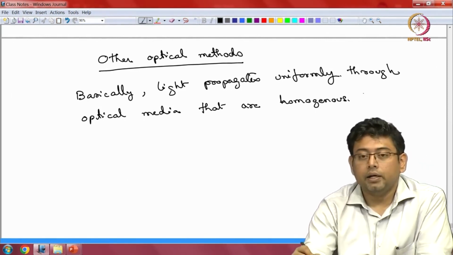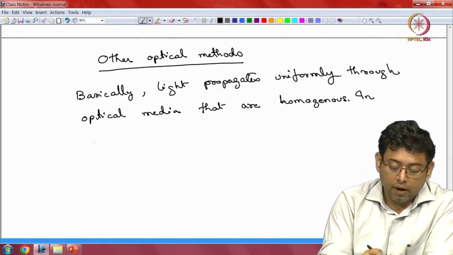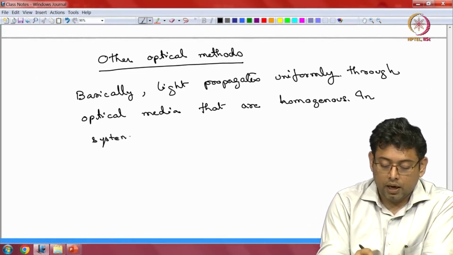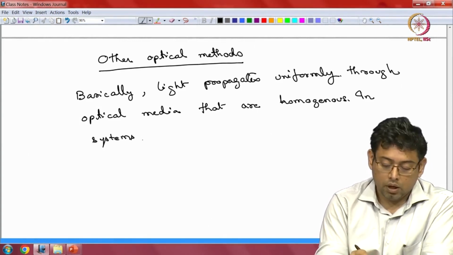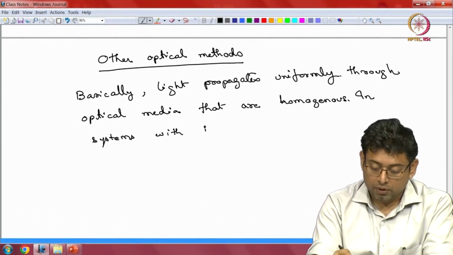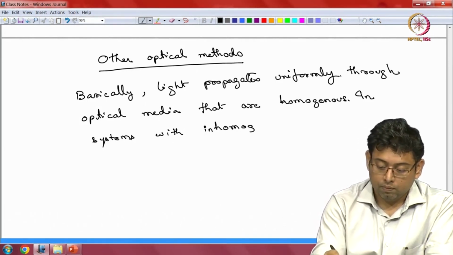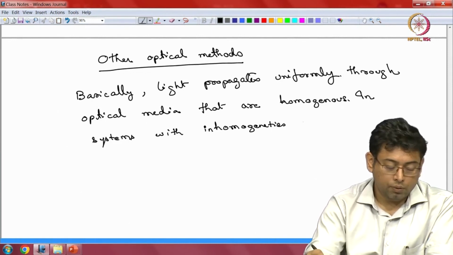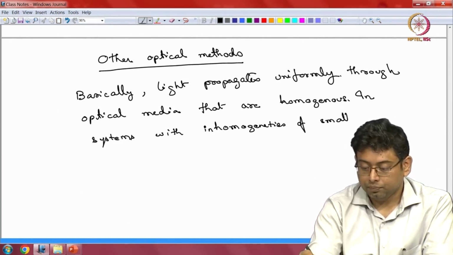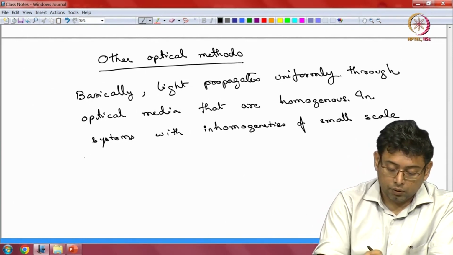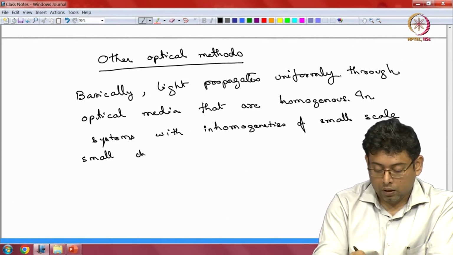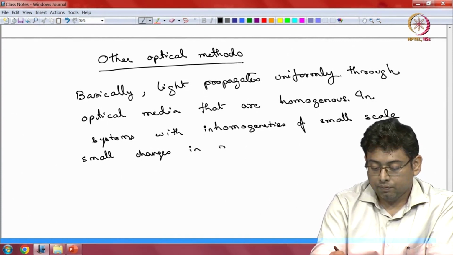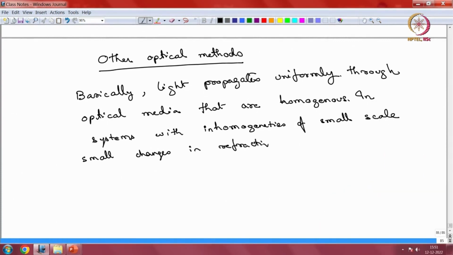But when light encounters inhomogeneities, then the speed of light changes relatively in these cases. So in systems with inhomogeneities of small scale, small changes in refractive index of the system occur. Small changes.